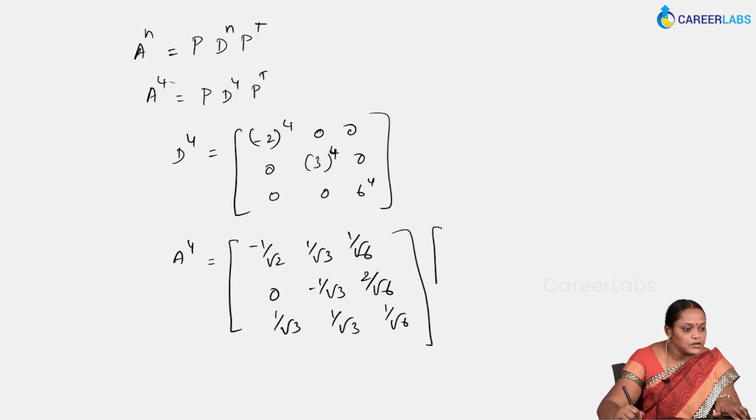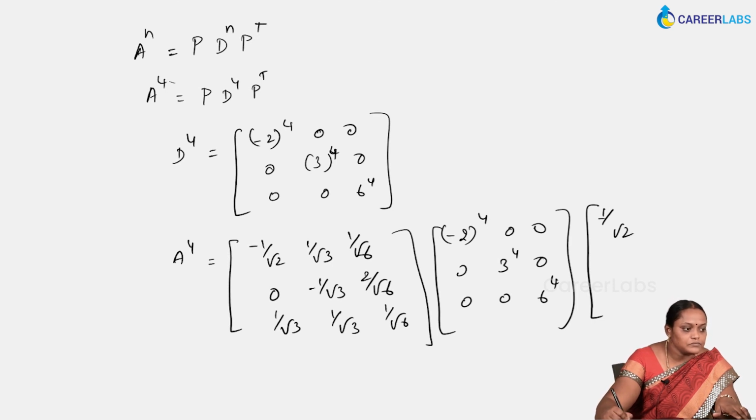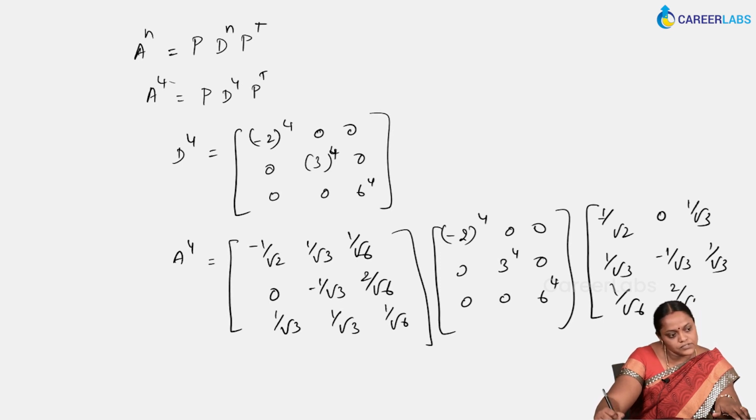Along with this, you are multiplying with this, that is minus 2 to the power 4, 0, 0, 0, 3 to the power 4, 0, 0, 0 and 6 to the power 4, multiplied by P transpose, that is minus 1 by root 2, 0, 1 by root 3, 1 by root 3, minus 1 by root 3 and 1 by root 3, then 1 by root 6, minus 2 by root 6 and 1 by root 6. If you multiply, you will get the value of A to the power 4.